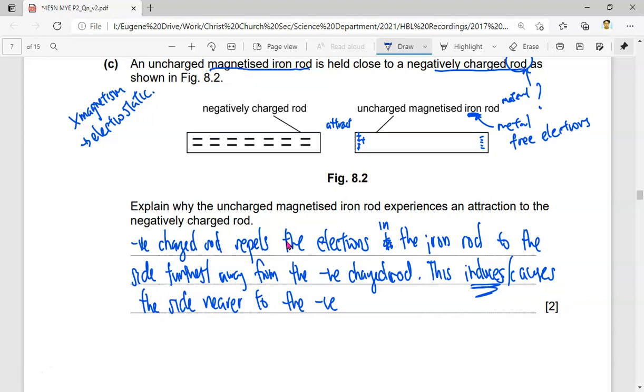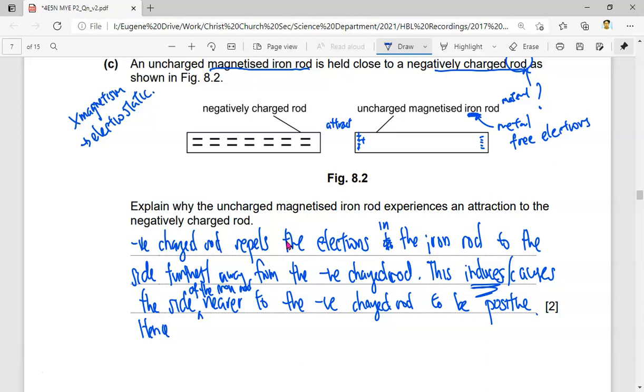This causes the side of the iron rod nearer to the negatively charged rod to be positive. So we're trying to say negative charge comes here, hence down here becomes positive.